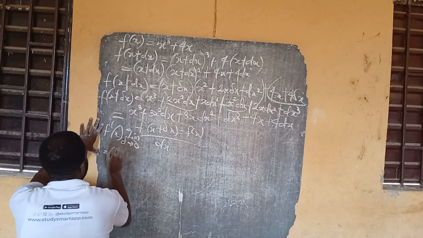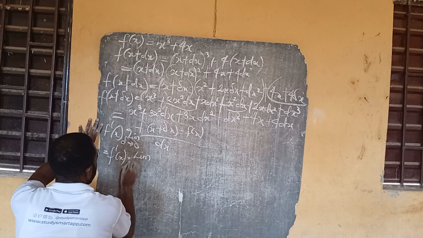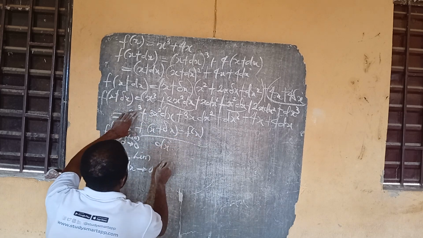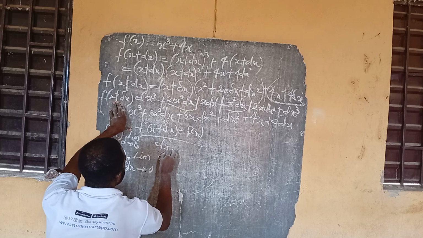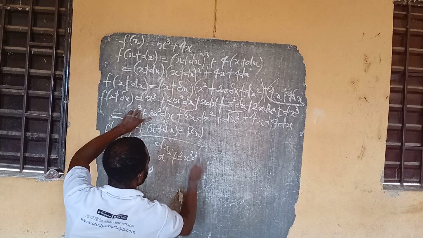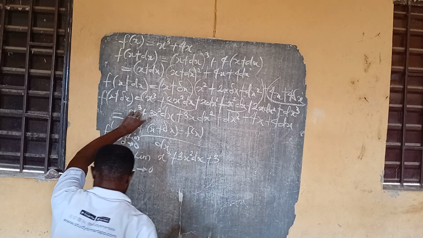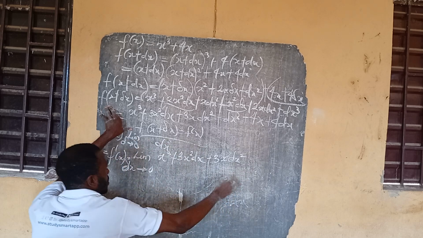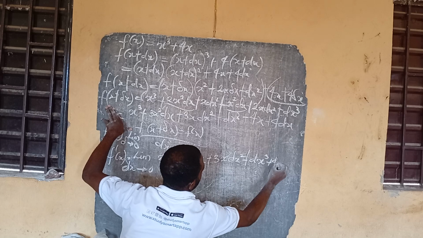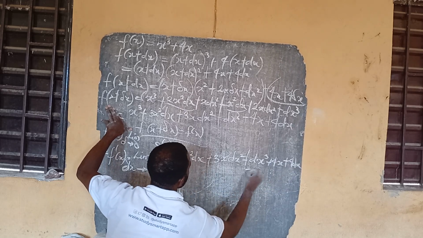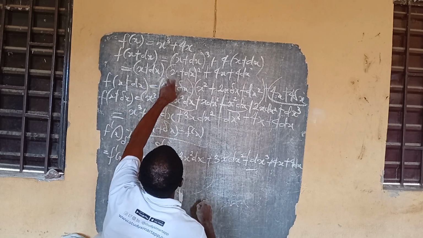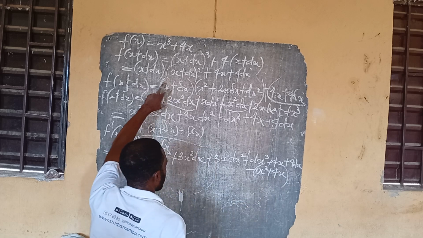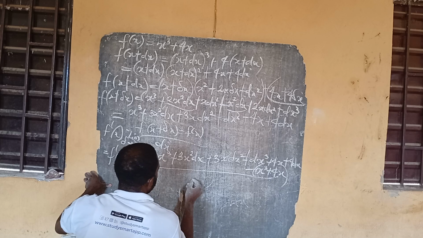So what is f prime of x in this case? f prime of x will be equal to the limit as dx approaches 0 of f of x plus dx, which is all of this: x cubed plus 3x squared dx plus 3x dx squared plus dx cubed plus 4x plus 4 dx, minus f of x. f of x is x cubed plus 4x. x cubed plus 4x minus all of this, all over dx.